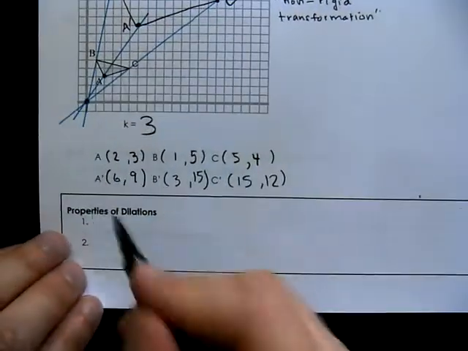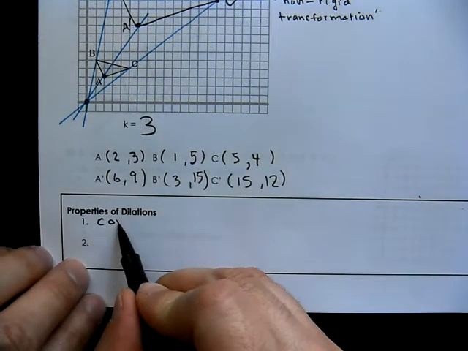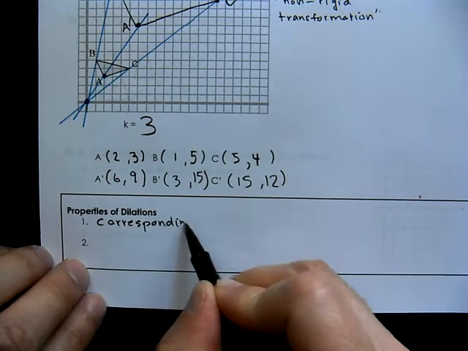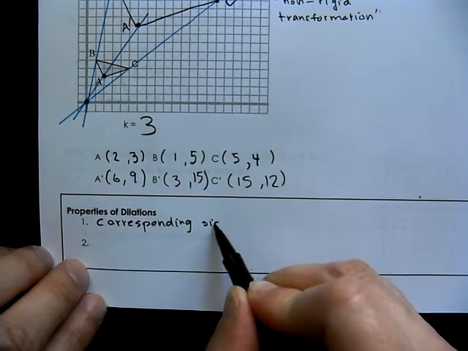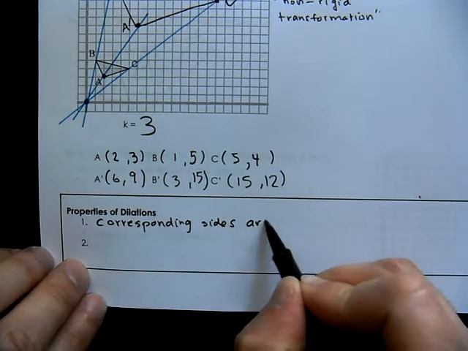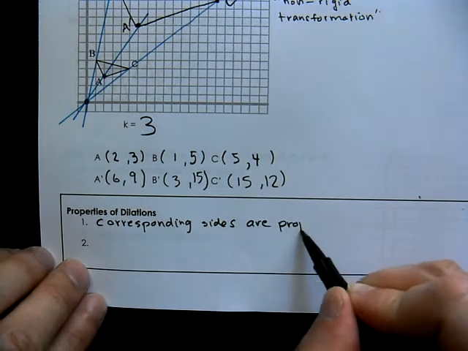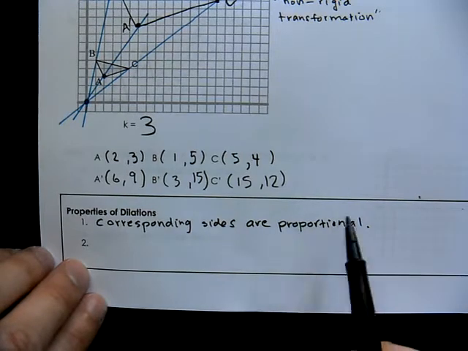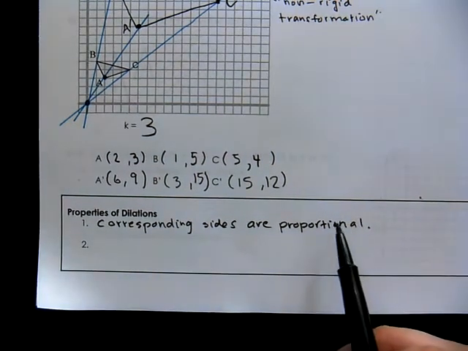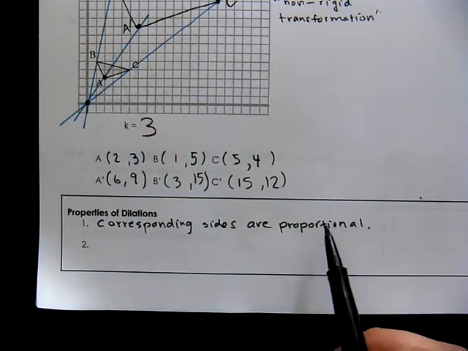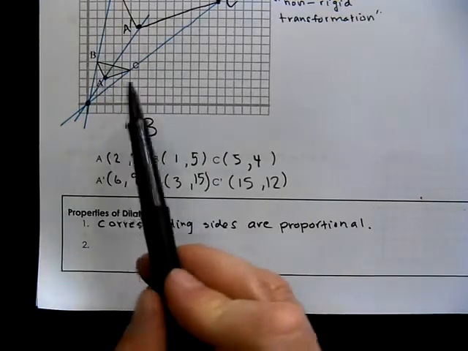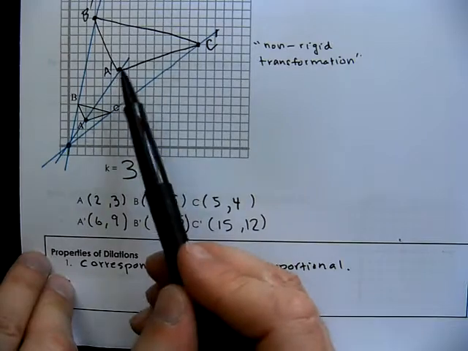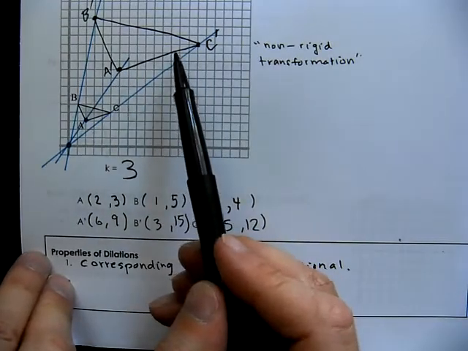So what we see is that these corresponding sides are proportional.